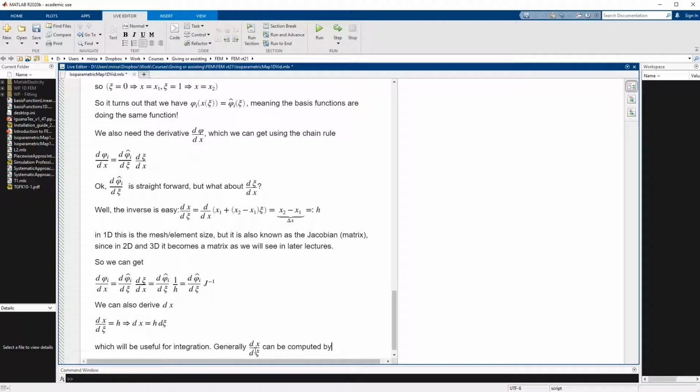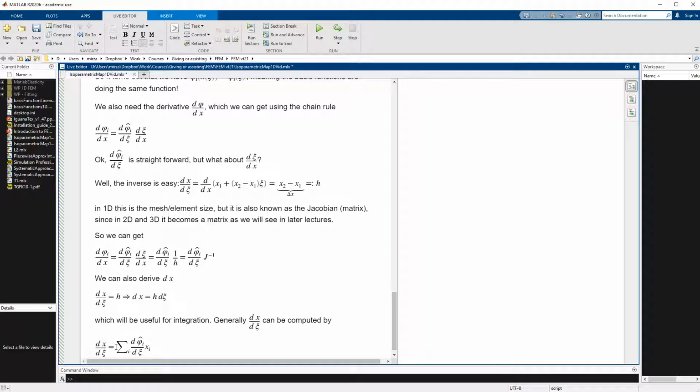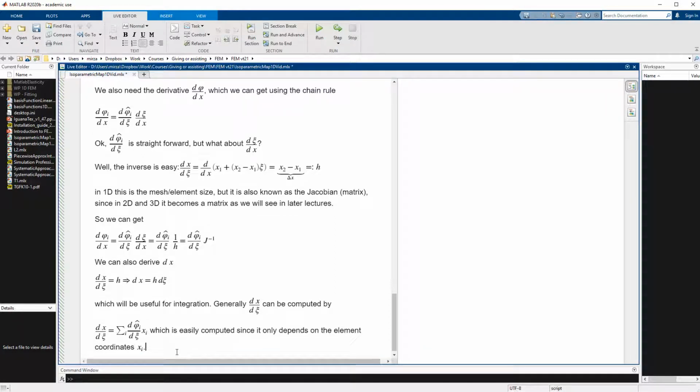And generally, dx/dxi can be computed as the summation of the derivatives of the basis functions multiplying the coordinates of the mesh. This is easily computed since it only depends on the element coordinates xe, and the dphi hat/dxi is pre-computed ahead of time. It doesn't depend on the elements.